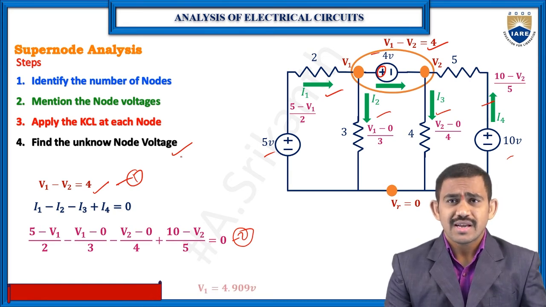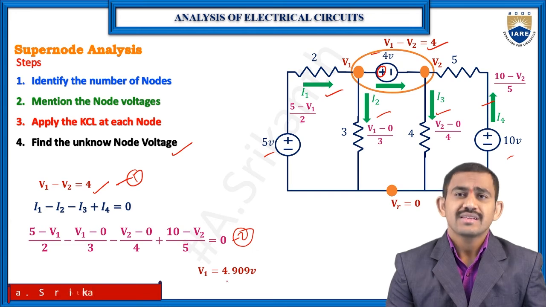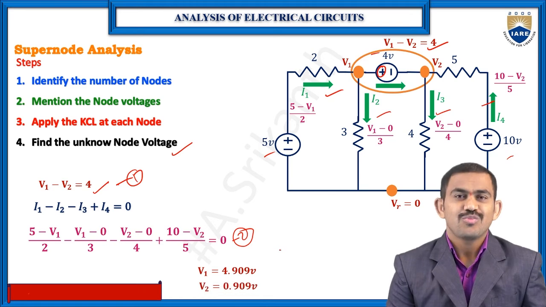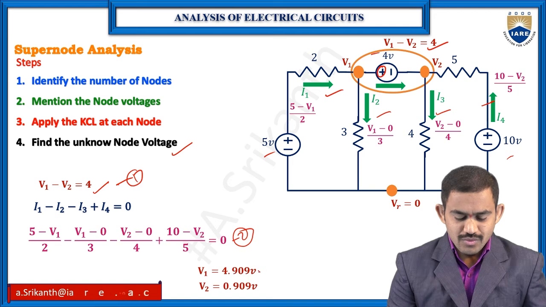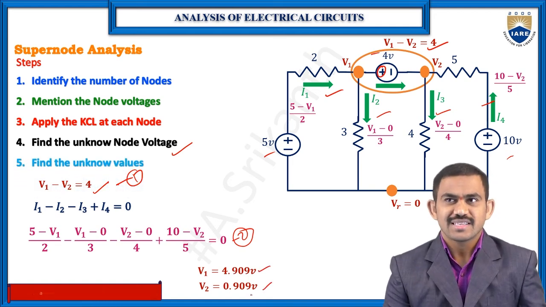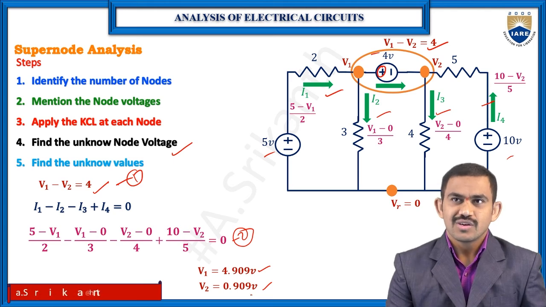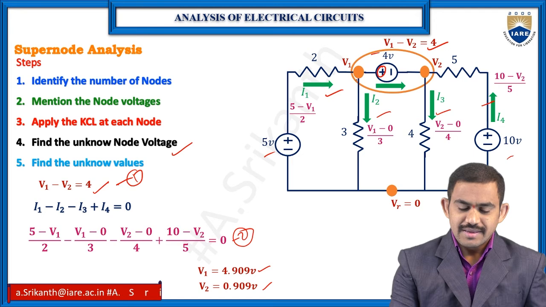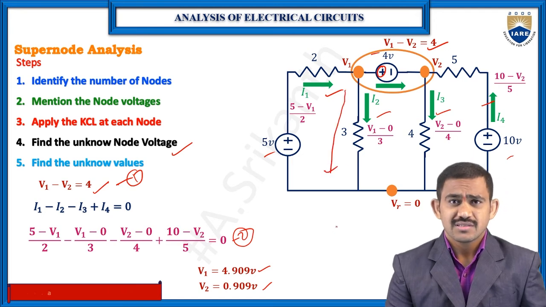So what is the voltage value? V1 is 4.909 and V2 is 0.909. These are your node voltages. If you want any branch current or branch voltage, you can solve it simply. Suppose I want the 3 ohm branch voltage.